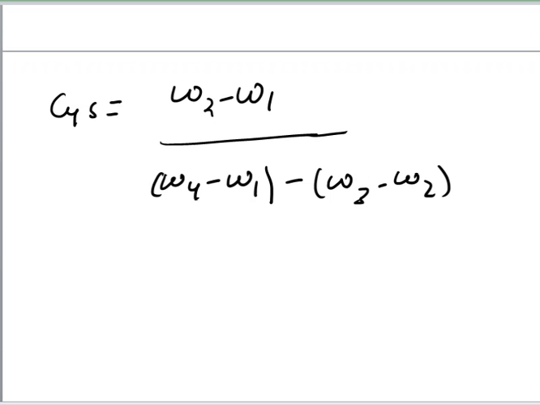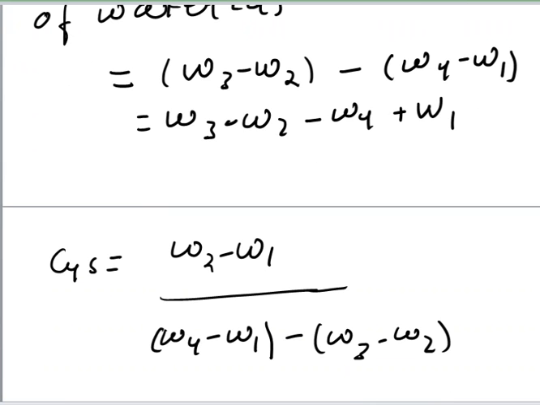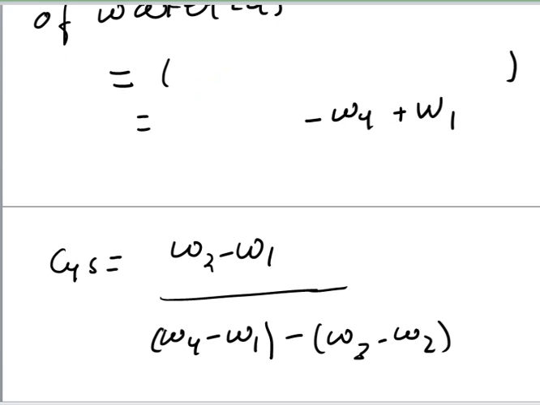This will be the specific gravity. Sorry, I think I have made a mistake here. It's a big mistake actually. It should be reversed. I have written this in the wrong order. Just make a change.